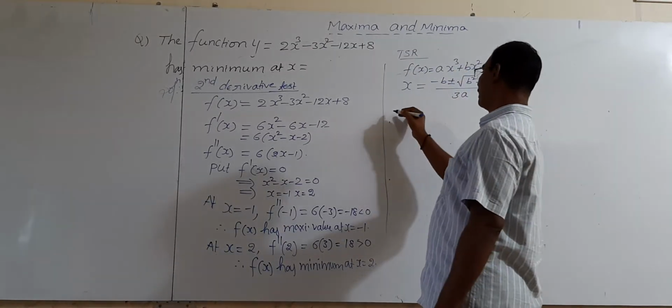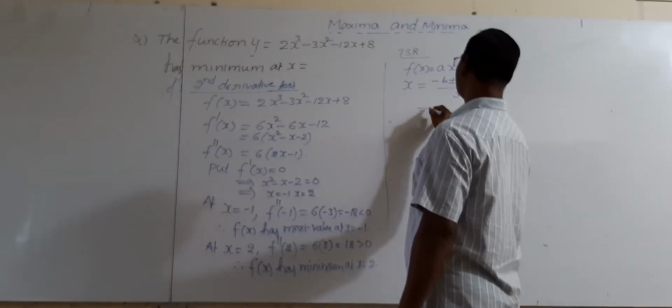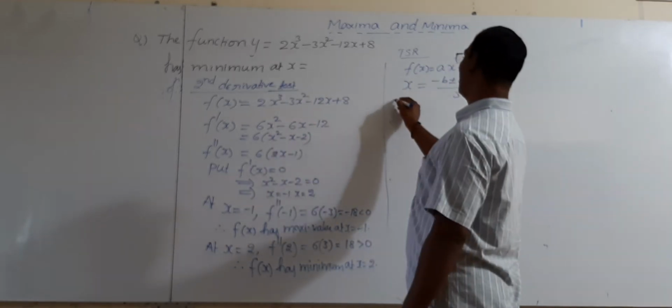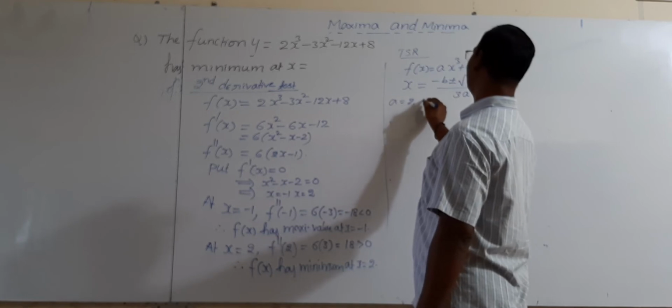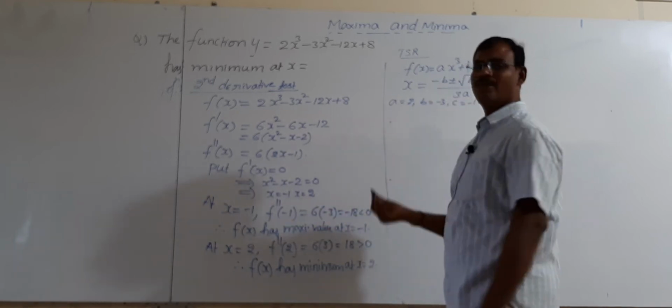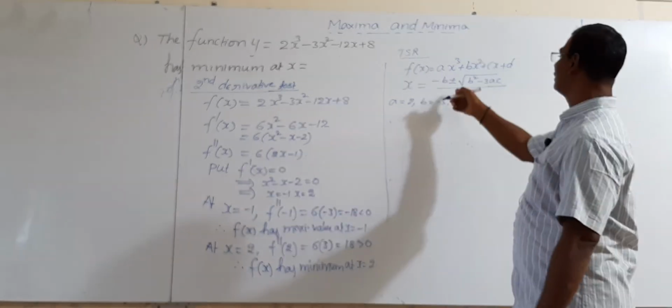Now, in this problem, what are the a, b, c values? a is equal to 2, b is equal to minus 3, c is equal to minus 12. We don't have d, we do not use it here.